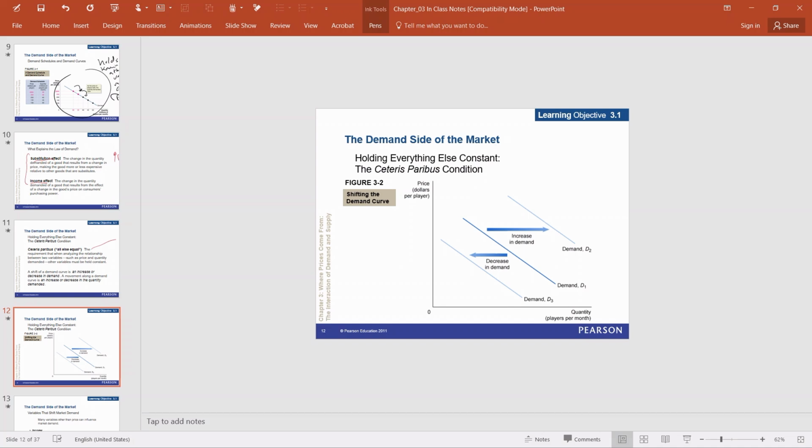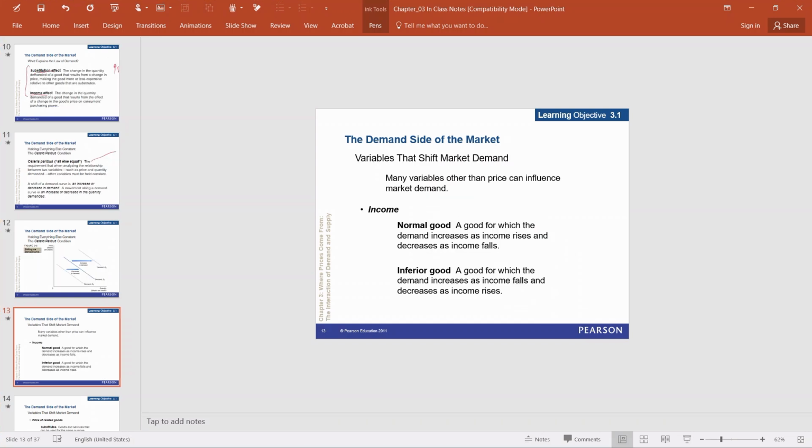This slide talks about some types of goods. In fact, the good that we are talking about is called a normal good. So if this is our demand function, we said that the main variable is the price of this product, and there are other variables.